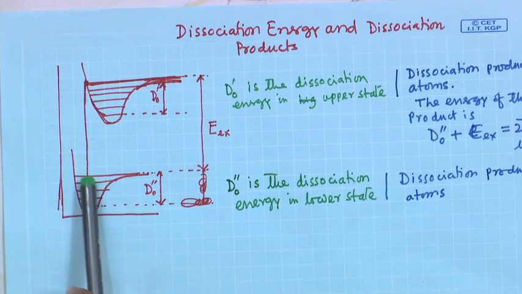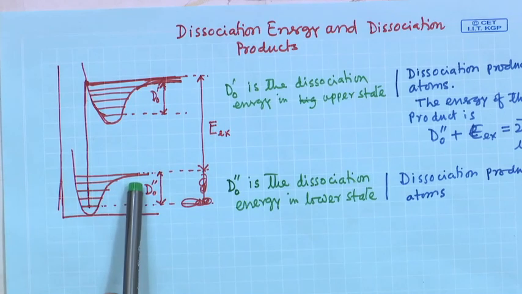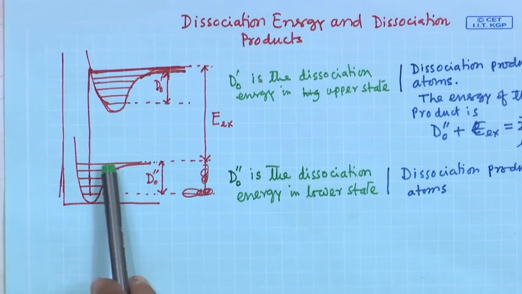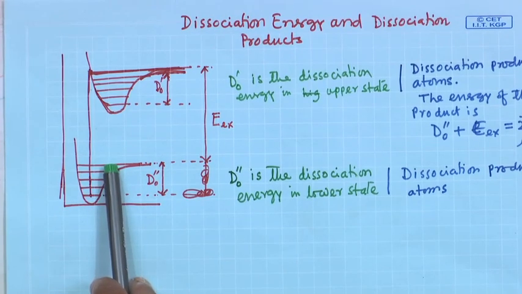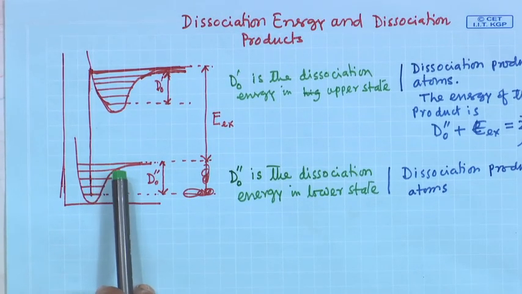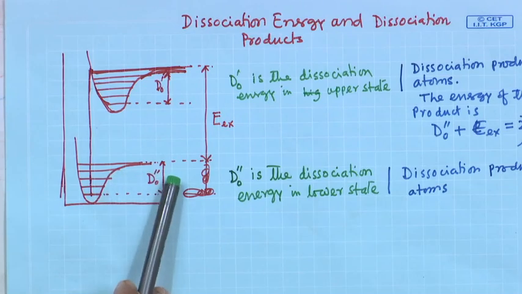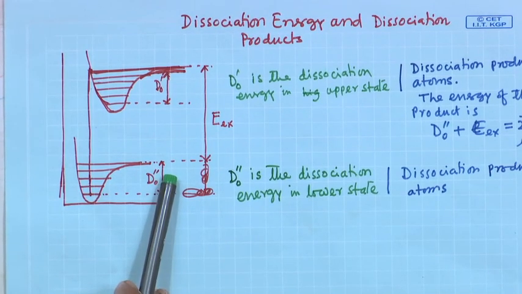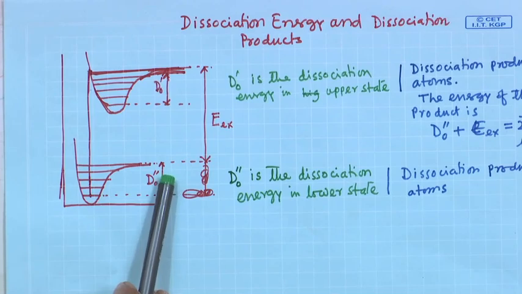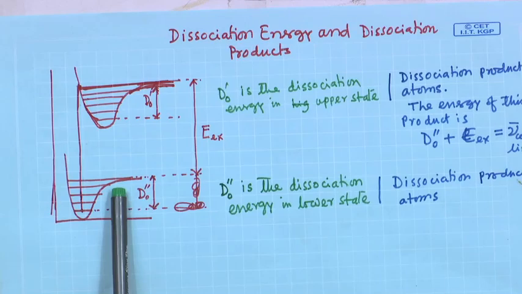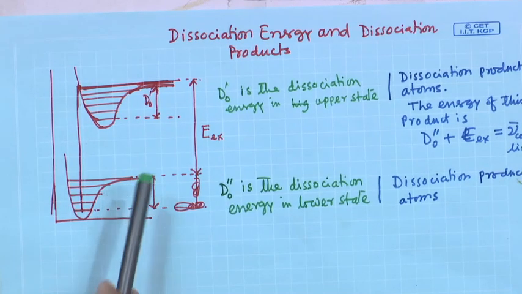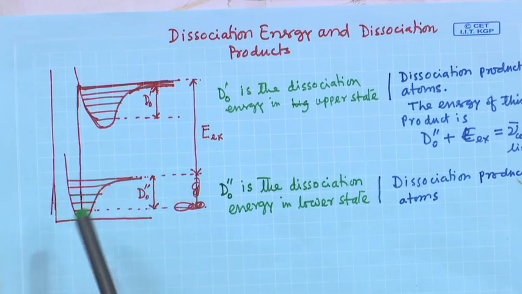So, a diatomic molecule, two atoms, was there. Now, at a higher vibrational level, at a particular higher value of the vibrational quantum number, these molecules will dissociate, and we get the dissociation product, that is nothing but atoms.